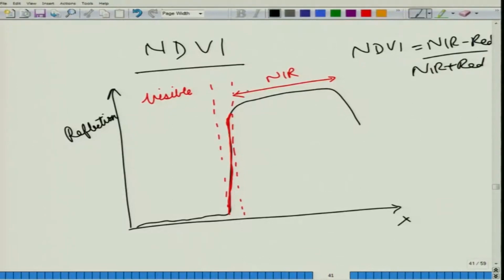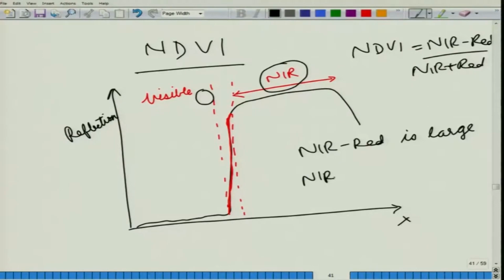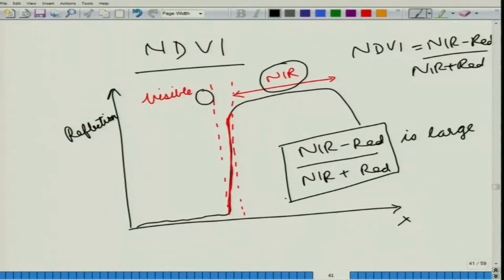In the case of leaves, we have a very high spectral signature in NIR and a very low spectral signature in the case of red. So, NIR minus red is large. Now, we divide it by NIR plus red. So, this whole thing, NIR minus red upon NIR plus red, would be a large value.